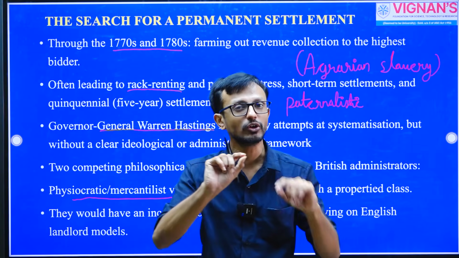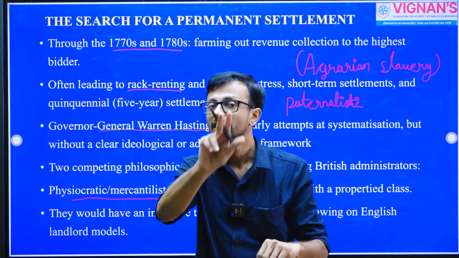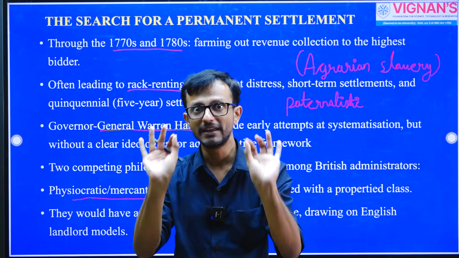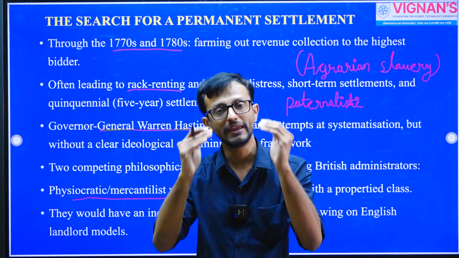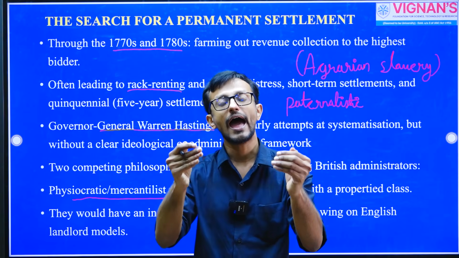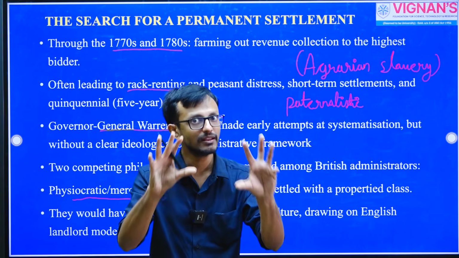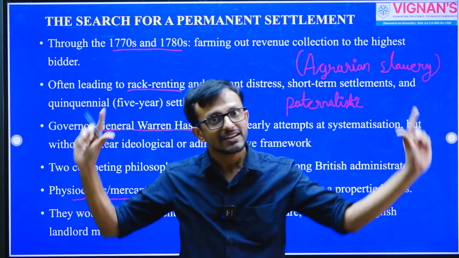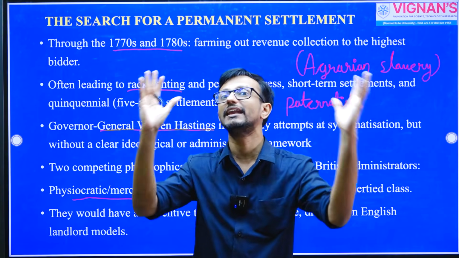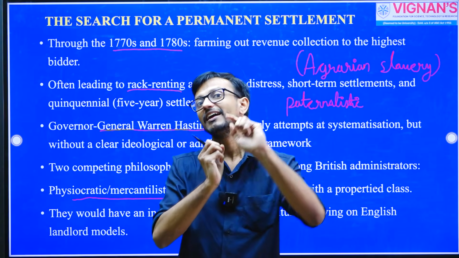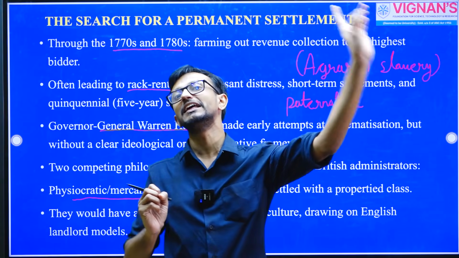So basically you want to create a landlord class, because remember that zamindars were not technically landlords. The zamindars were just facilitators who became exploitative, and now it is being viewed as a phenomenon where these zamindars are being conceived as a mercantilist class or a landlord class, wherein they are actually imitating the English model.